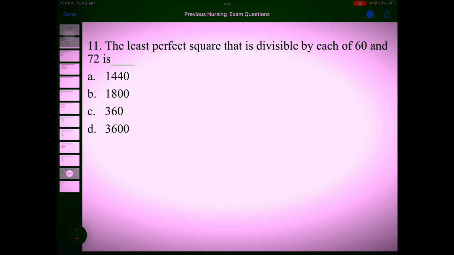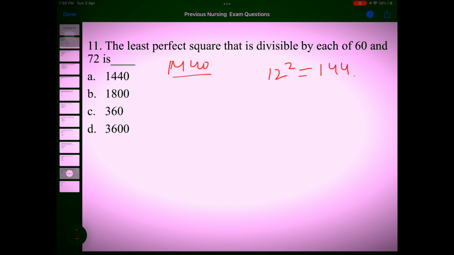Question number 11. The least perfect square that is divisible by each of 60 and 72 is: option A, 1440, option B, 1800, option C, 360, option D, 3600. Here we have to eliminate the numbers that are not square numbers. First we take 1440. This number is similar to a square number, because we know that 12 squared equals 144.